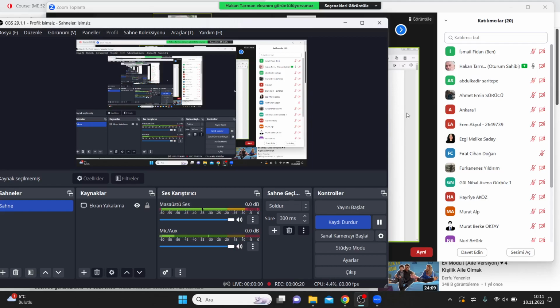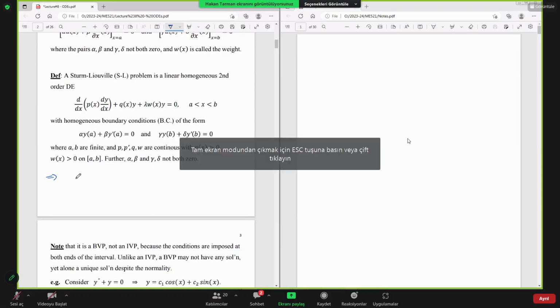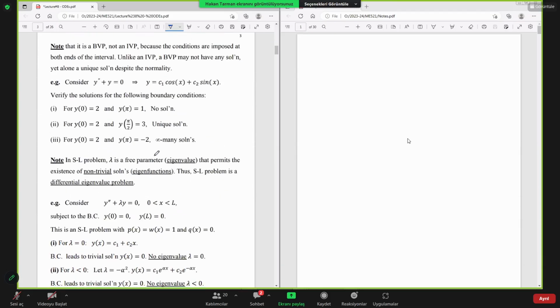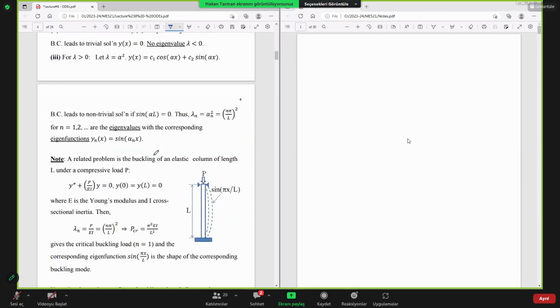Here, what happens is that we get infinitely many eigenvalues, and then corresponding eigenfunctions, okay? And n is an integer index. So we have solved a couple of problems. If you remember, I'm not going to go over them.